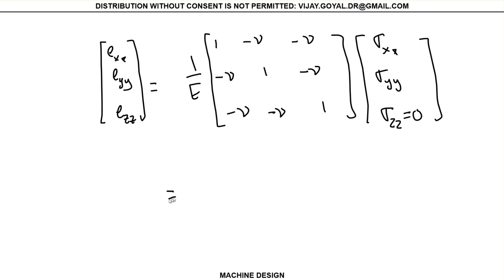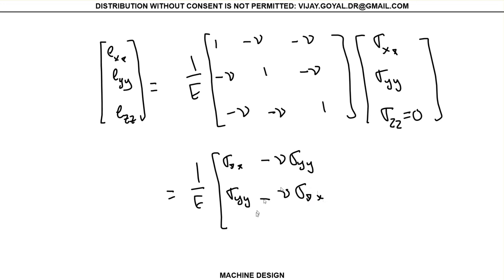So if I multiply this, you can show that this is equal to sigma xx minus nu times sigma yy, sigma yy minus nu sigma xx, and minus nu times sigma xx plus sigma yy.